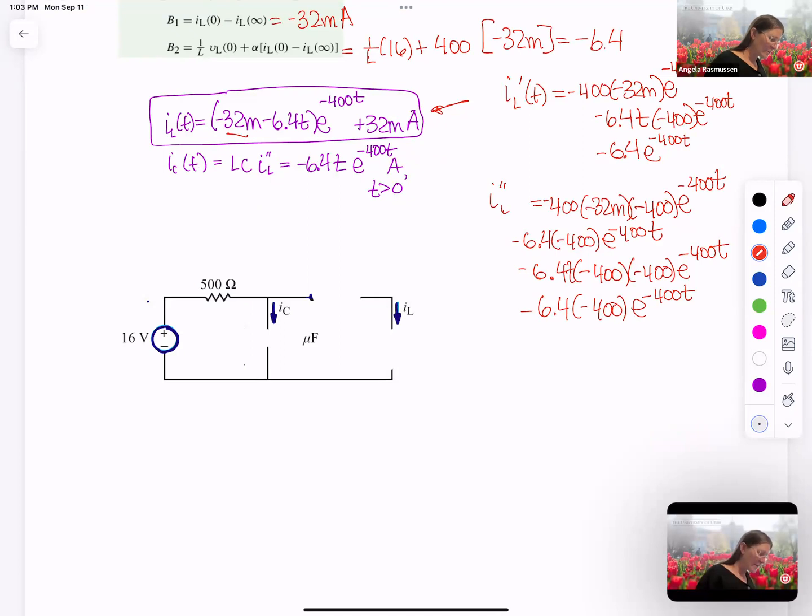And then that ends up adding up all of those numbers to just be minus 6.4t. I feel like there's an error somewhere, but anyway. Multiply that by LC, ends up being minus 6.4t e to the minus 400t. All right, questions?